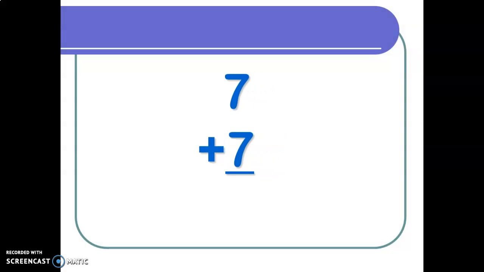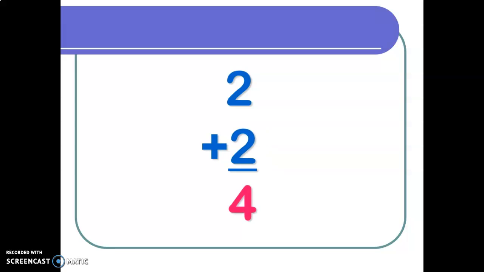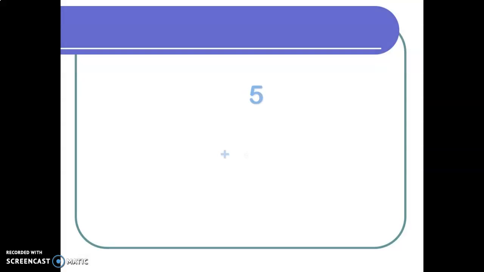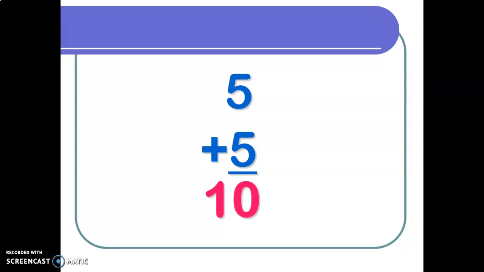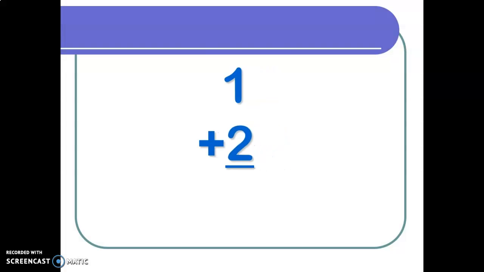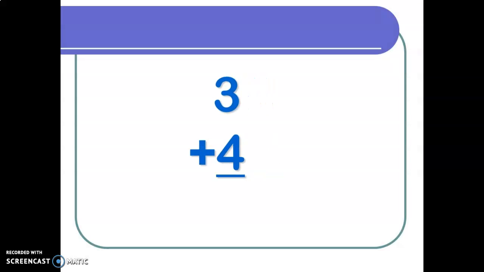Now for the next one, 7 plus 7 is 14. We have 2 plus 2 equals 4. The next one, 8 plus 9, the answer is 17. How about 5 plus 5? The answer is 10. Next one, 1 plus 2, the answer is 3. You have 3 plus 4 equals 7.